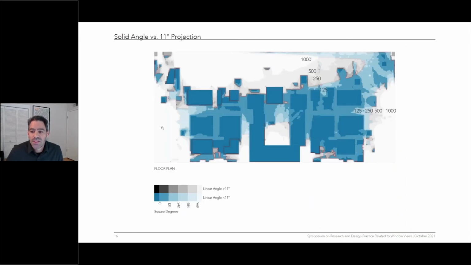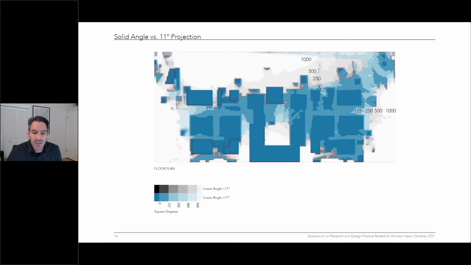We wondered how in aggregate this would map to the 11 degrees. What you see here in blue is all of the places where it is less than 11 degree linear angle, and the gradient shows the solid angle. In the middle of the building, that 11 degrees maps pretty well to about 121 degrees or so.